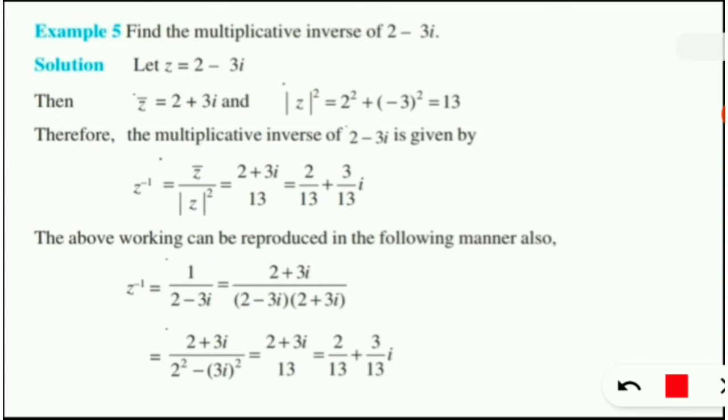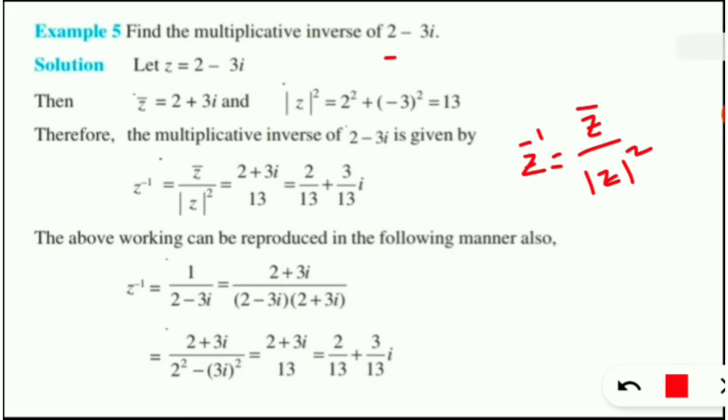Now example 5. Find the multiplicative inverse of 2 minus 3i. For the multiplicative inverse, we know the formula: z inverse equals z bar divided by mod z square.